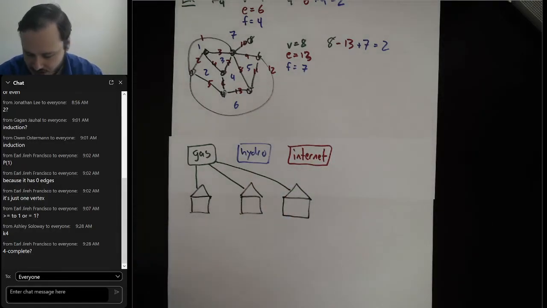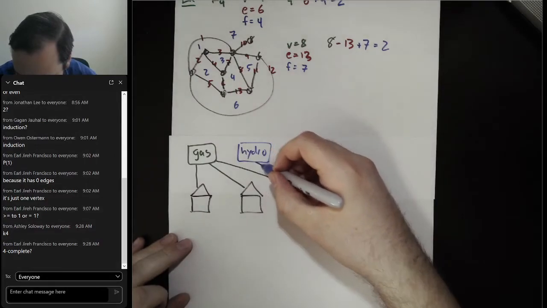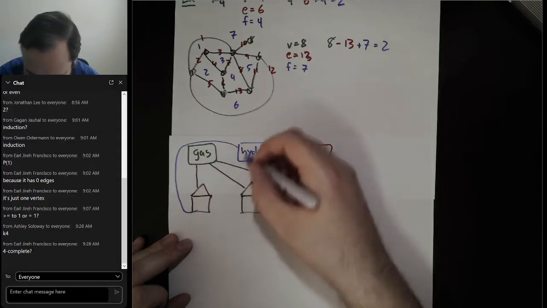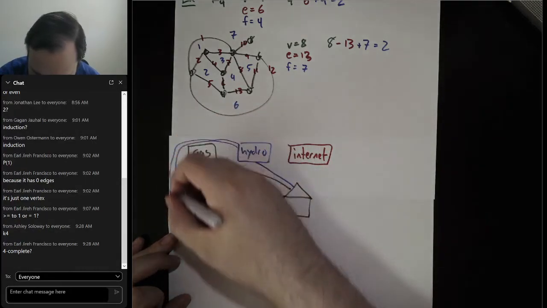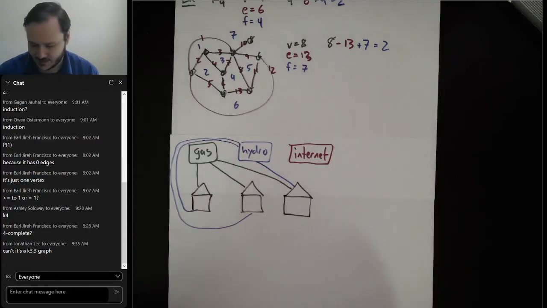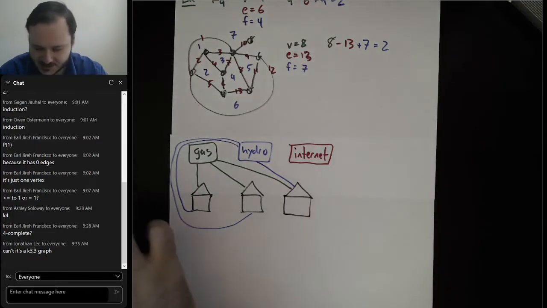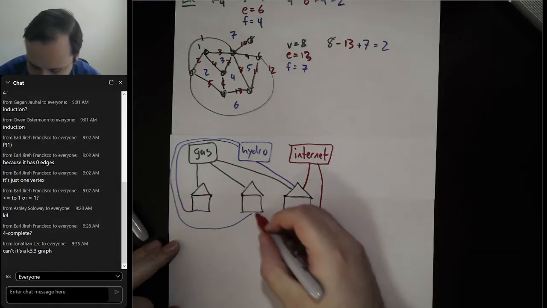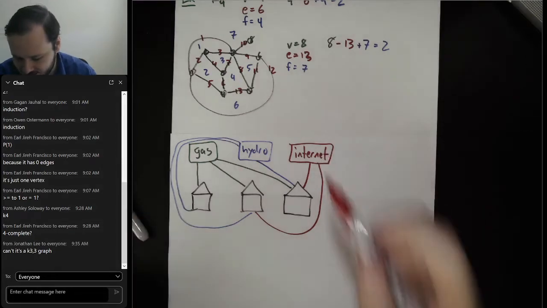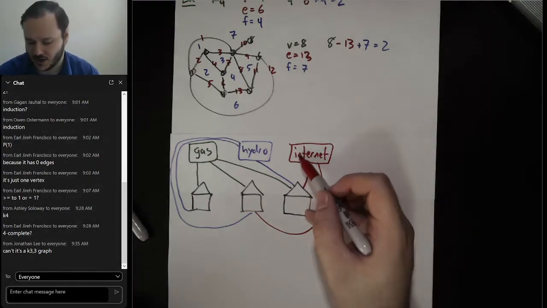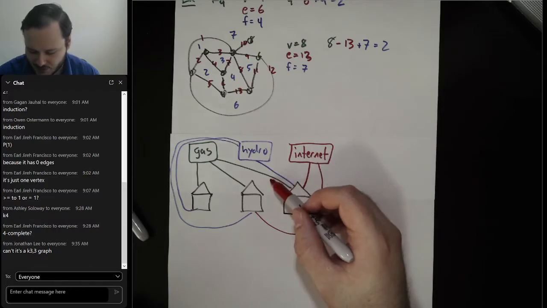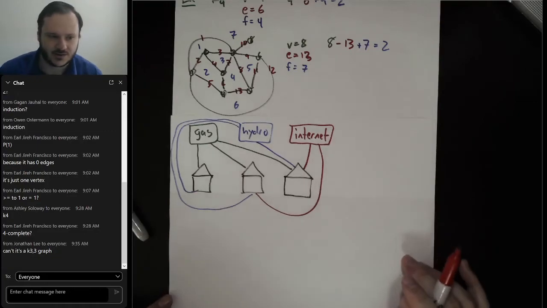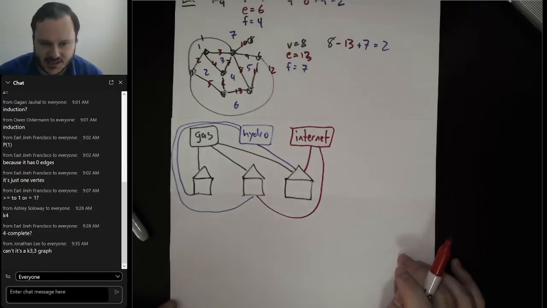And then you want 3 hydro lines, but they can't overlap. So maybe you've got this, and you get a little clever, and you go around, and you go around again. And now I'm going to run some internet lines, and I run that one, and I run this one, and then I want to get from internet to this house, but I can't. I can't cross my hydro and my gas line. I can't come around and cross my hydro line over here. So this did not end up working.